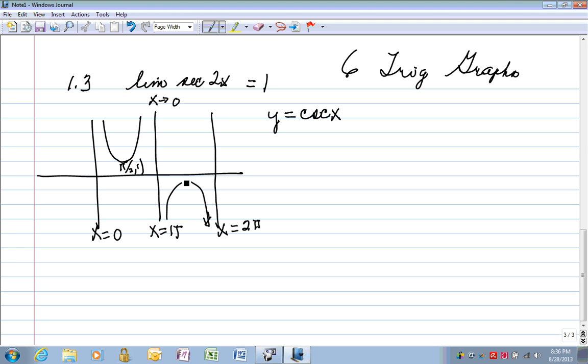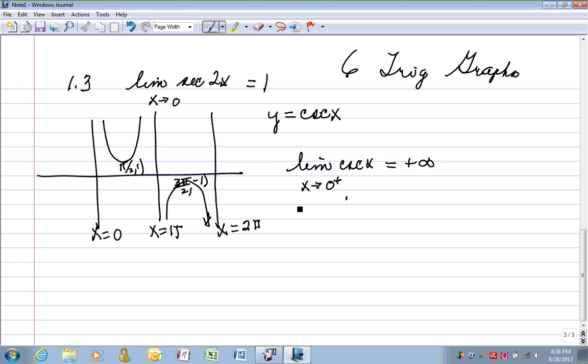What's in my head may not be what's in your head, but I say to myself, the limit of the cosecant of x as x approaches 0 from the right-hand side is positive infinity, because Josie knows her graphs.